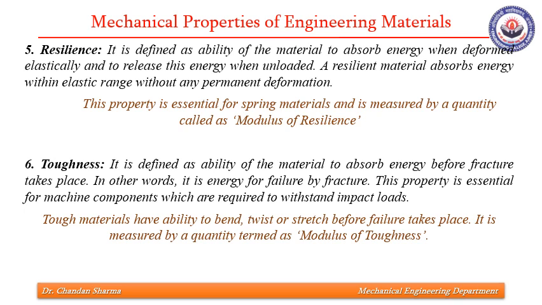So we can say the material does not have sufficient toughness. Tough materials have the ability to bend, twist or stretch before failure takes place, and it is measured by a quantity which is termed as modulus of toughness.